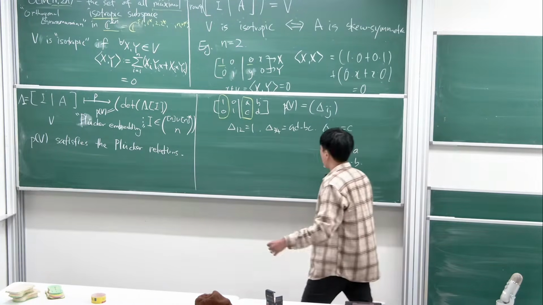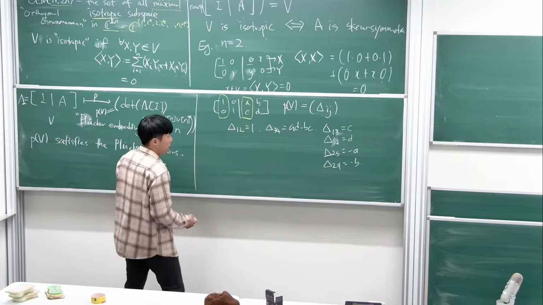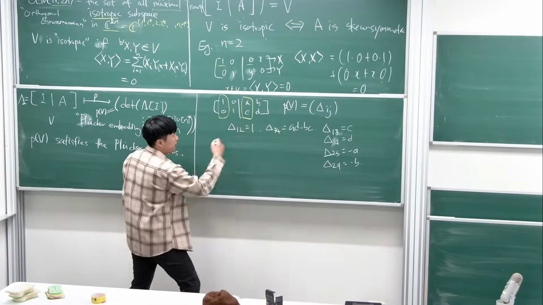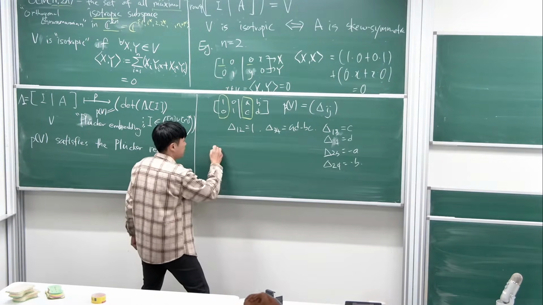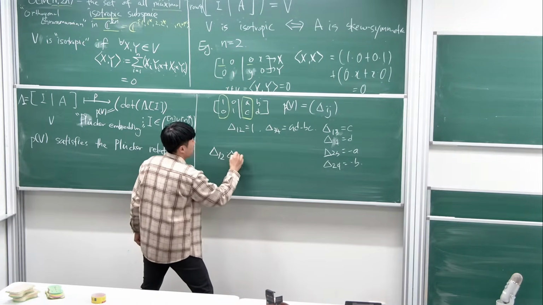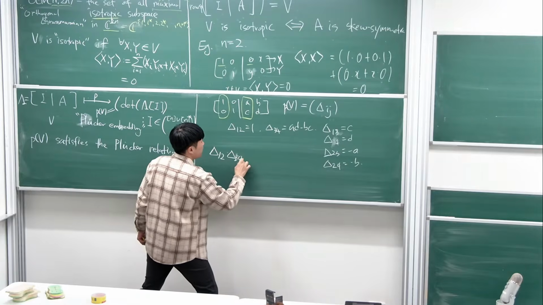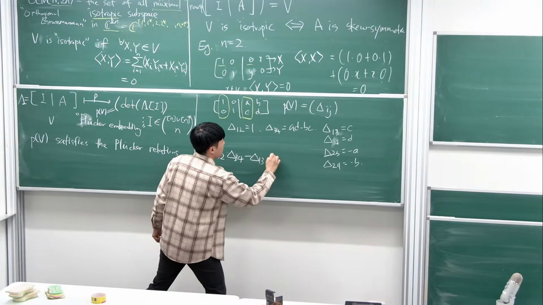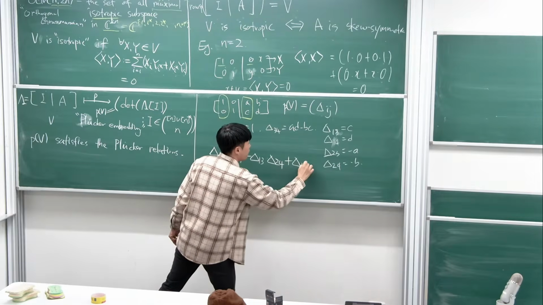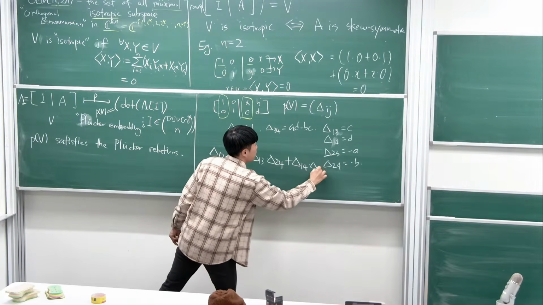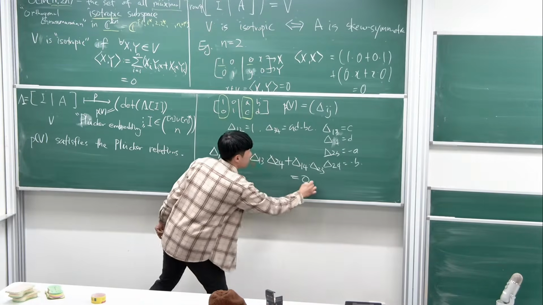And what you can derive from here is that this satisfies a certain quadratic equation, which is delta 1,2 times delta 3,4 minus delta 1,3 times delta 2,4 plus delta 1,4 times delta 2,3 is equal to 0.